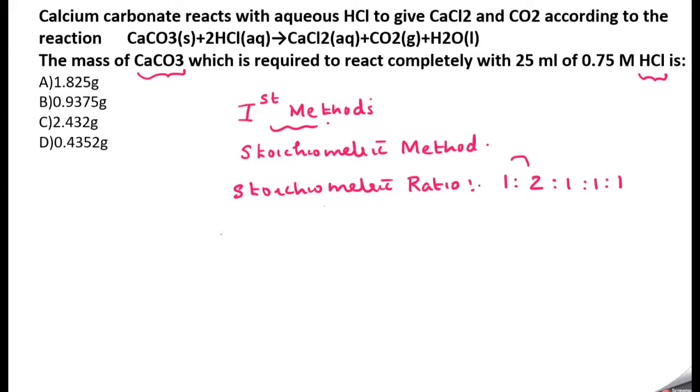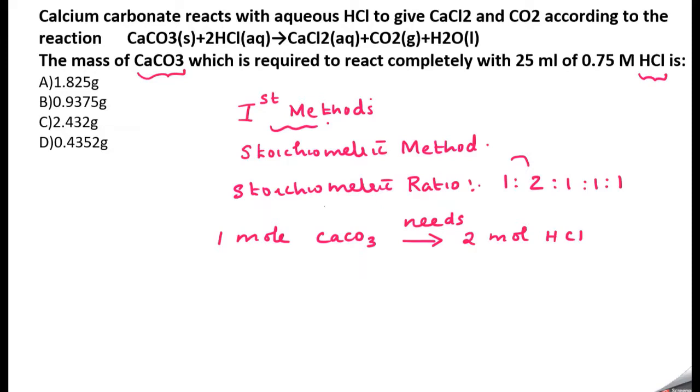So I can say 1 mole calcium carbonate needs 2 mole hydrochloric acid.